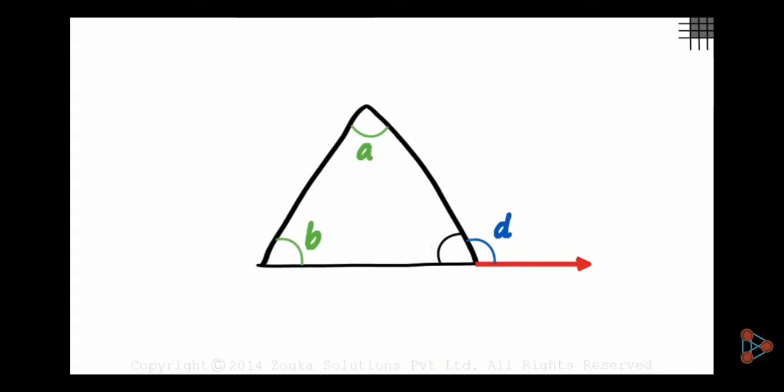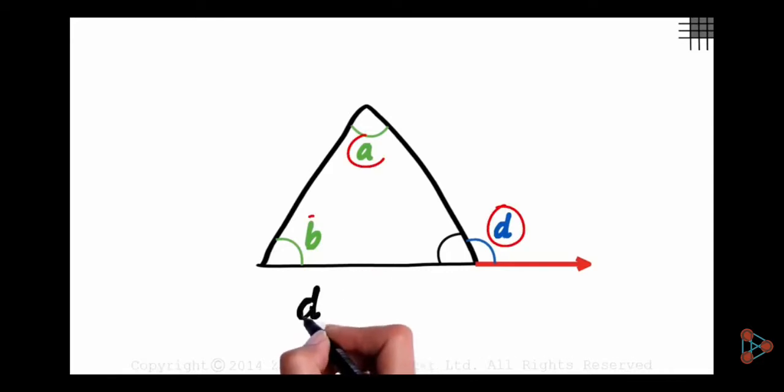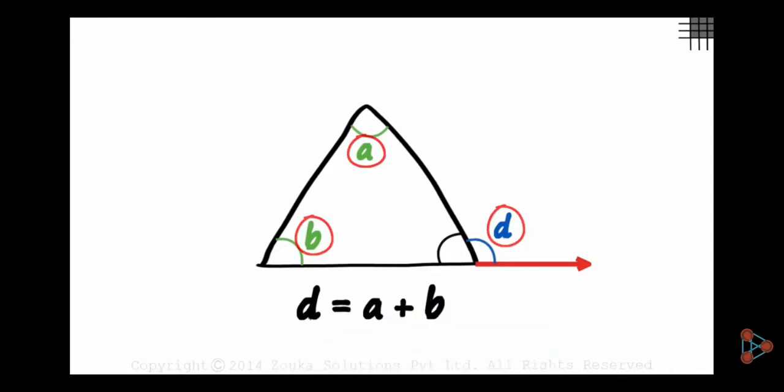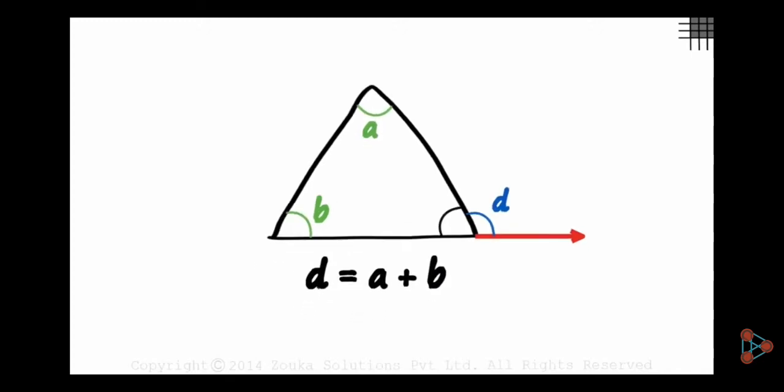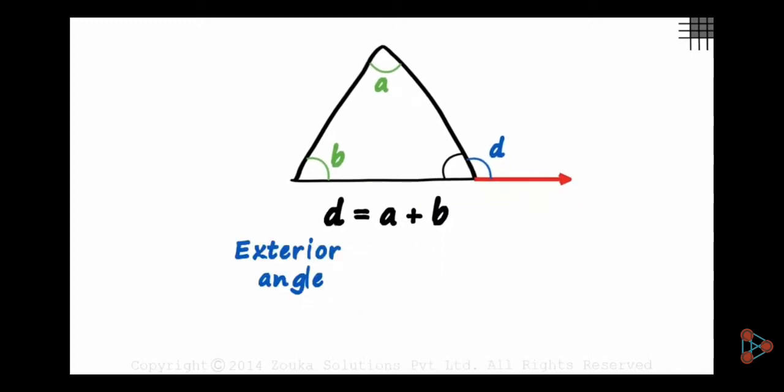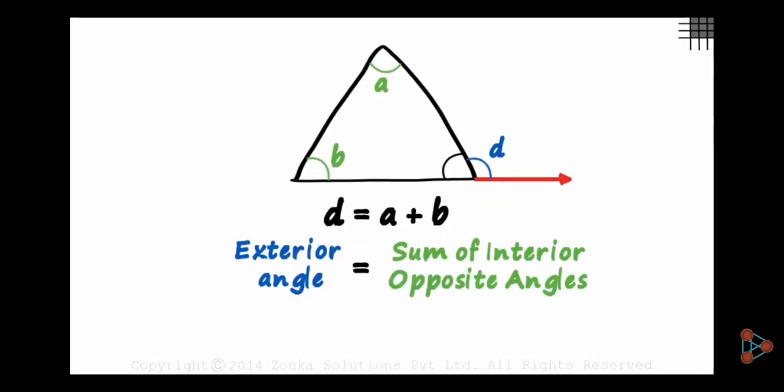The only concept we really need to understand here is the relation between the triangle's exterior and its interior angles. In this triangle, D will be the sum of A and B. Using words, we can say that the exterior angle will always equal the sum of its interior opposite angles.